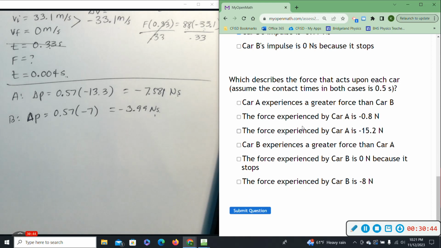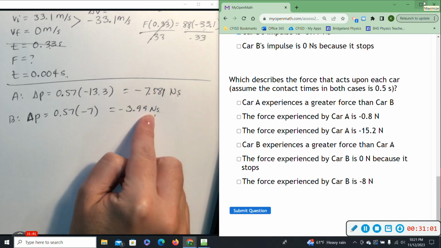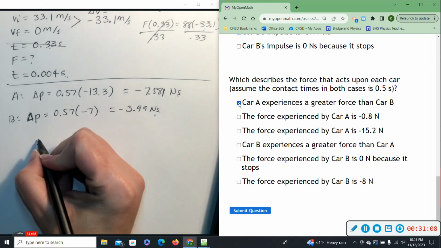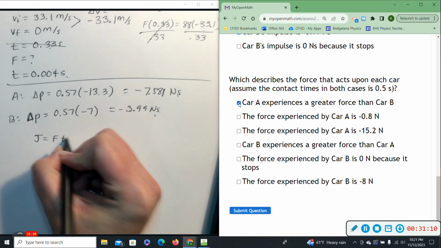The last part of this question says, which describes the force that acts upon each car? Assume the contact time in both cases is 0.5 seconds. Again, I know that if I have more impulse in the same amount of time, I'm going to have more force. So I know car A experiences greater force, but if I want to find out how much force, I need to use this equation, J equals F times t.